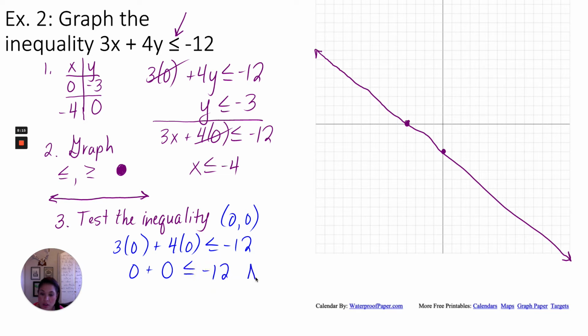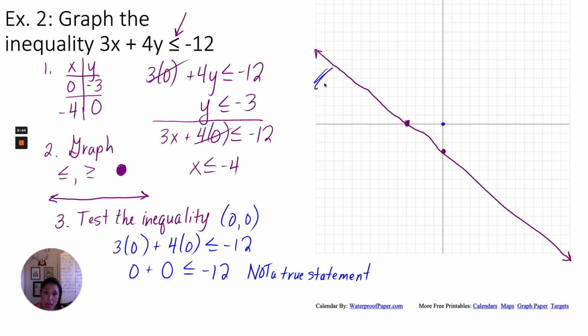This is not a true statement. This isn't true because negative 12 is less than 0. So I used this point here, my origin, to test my inequality statement, and this isn't true. So that means any of these points here will not work to make my statement true.